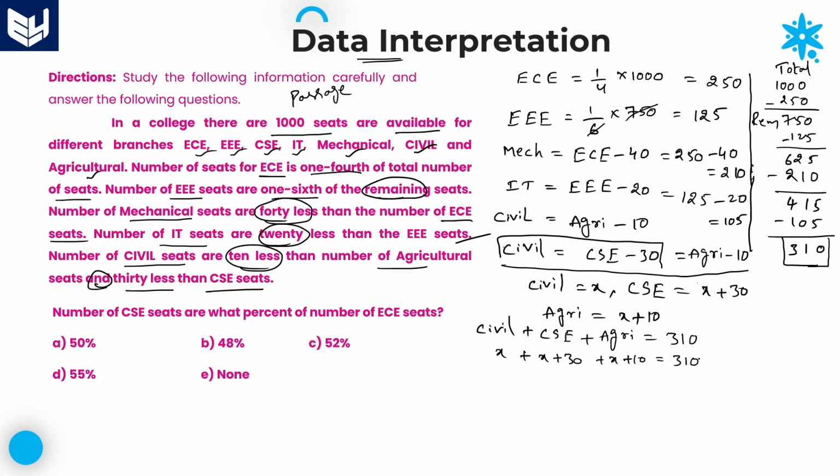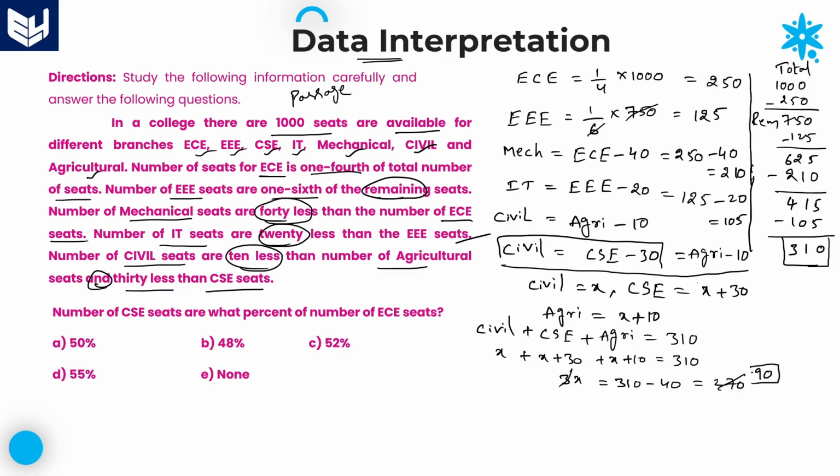Now from this, 3x is equal to 310 minus 30 plus 10, which is 40. 40 comes to the right side: 310 minus 40 is equal to 270. Now you just cancel with the 3 table. x is equal to 90.